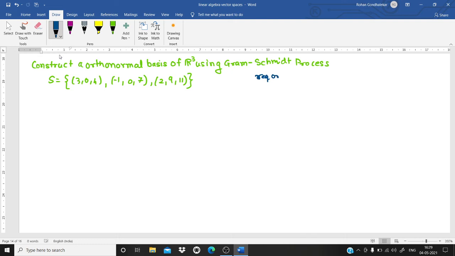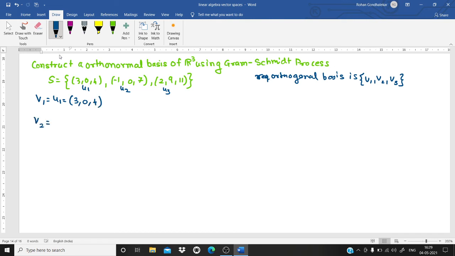Required orthogonal, first we write the orthogonal basis v1, v2, v3. So what is v1? v1 is u1. This is my u1, this is u2, this is u3. I'll go a little fast in this example. So we get 3, 0, 4.